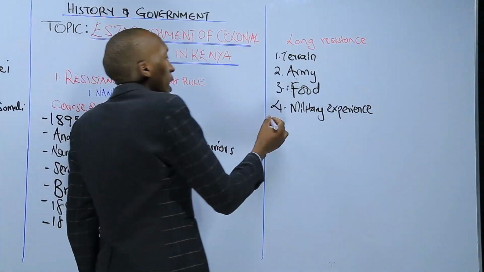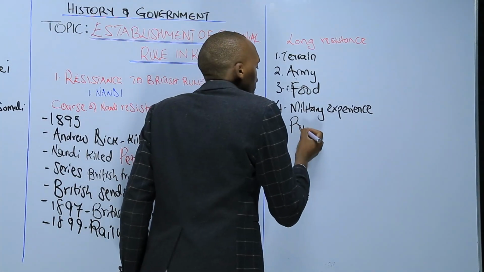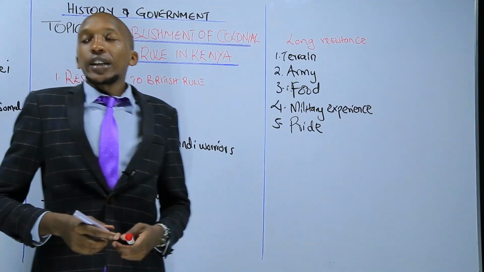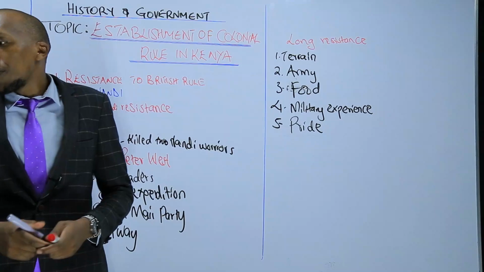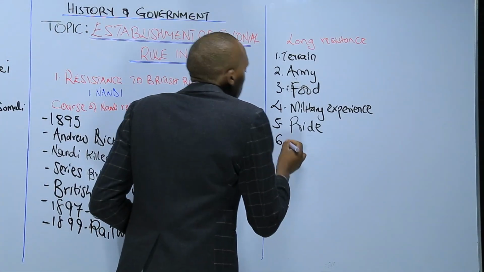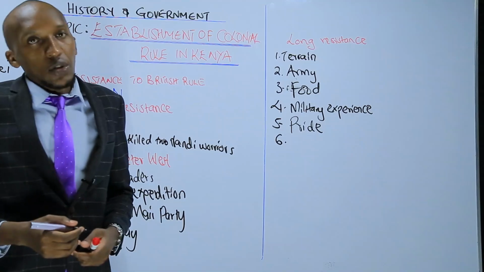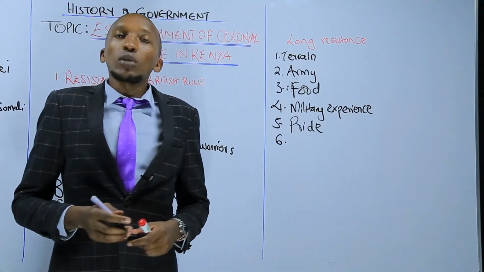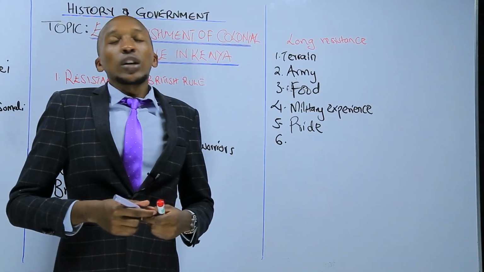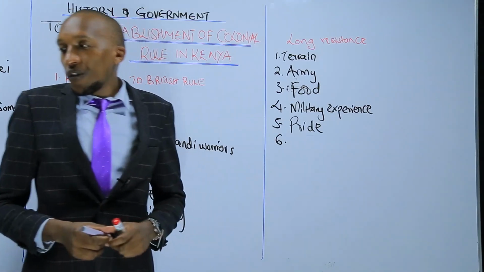The next thing was that they had pride. They did not believe that they could be defeated, and it was their culture to continue to get wins in every battle. So they were a very proud people. They were a people who were susceptible to war. They could not accept any kind of defeat.